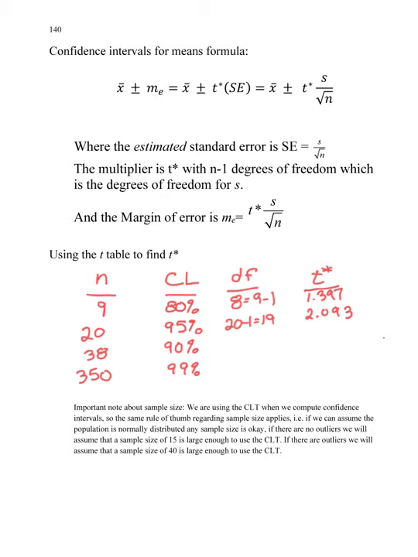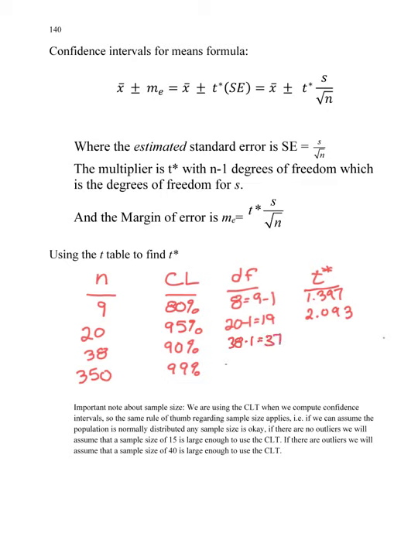Okay, let's look at a couple more examples. Let's say in this third example that we have a sample size of 38 and we want a 90% confidence level, and in the next one, 350 and a 99% confidence level. So for n equals 38, our degrees of freedom are going to be 38 minus 1, or 37.